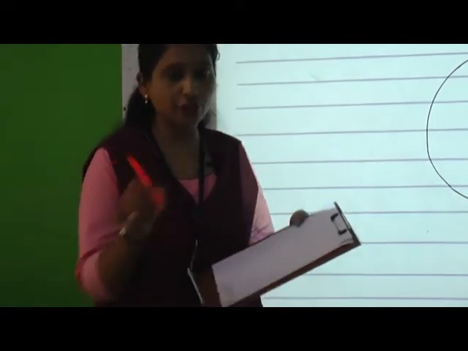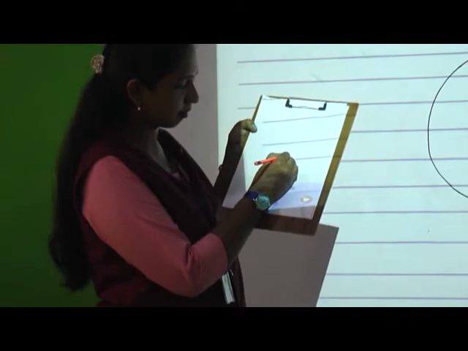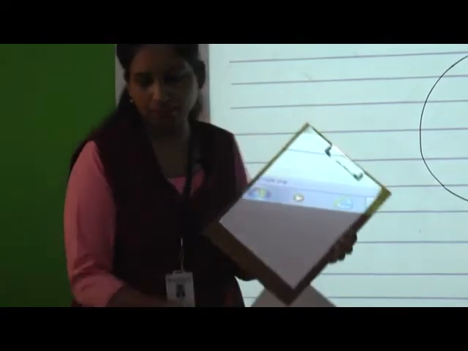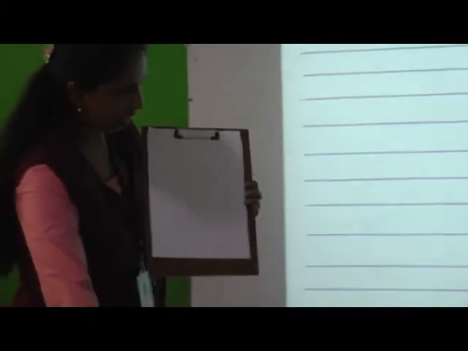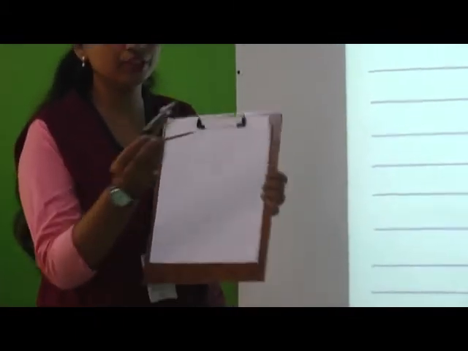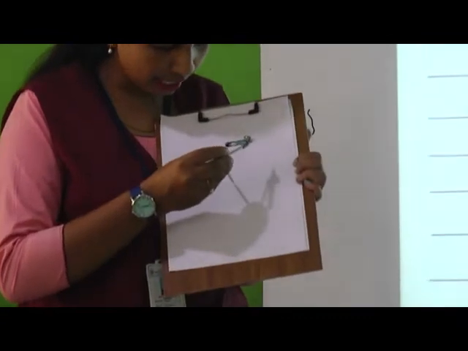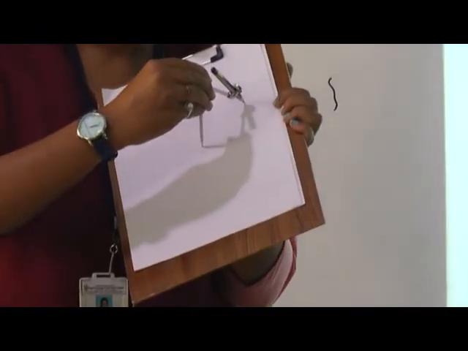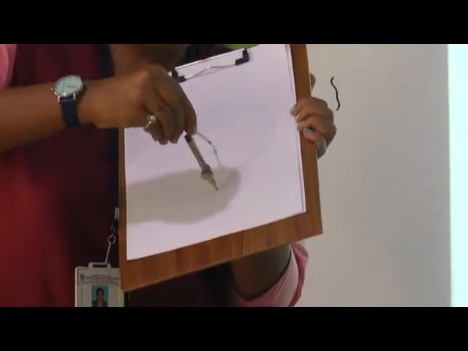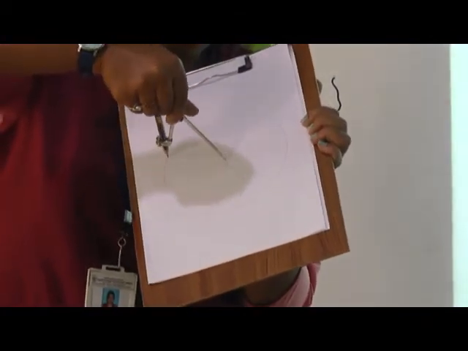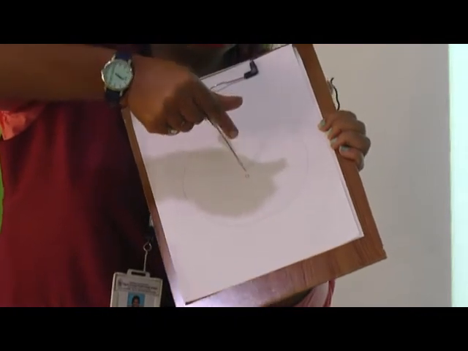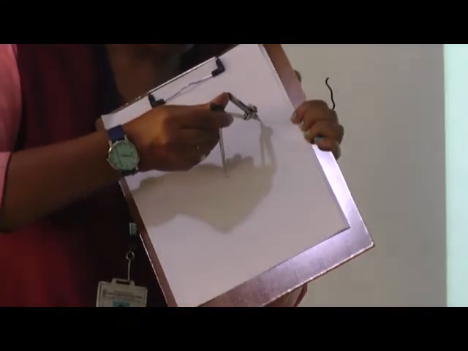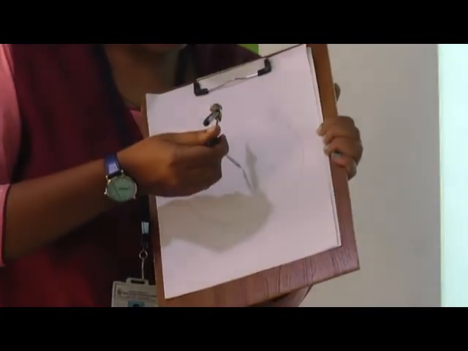And first draw one center point, that is O, in this way. And now what you have to do, place your steel arm on the point and draw the circle in this way. Got it? Yes.